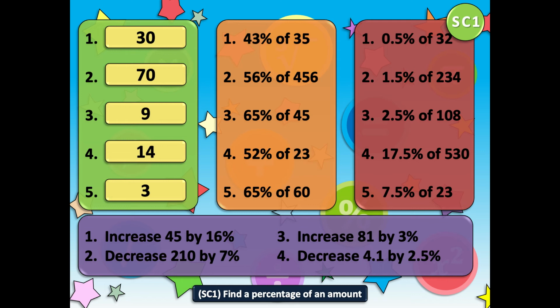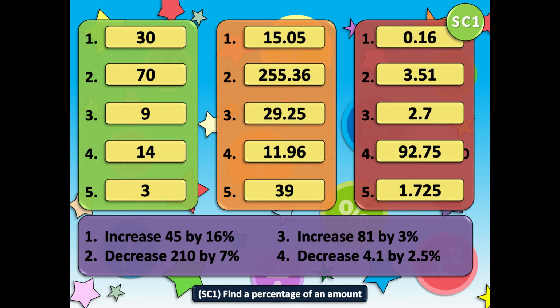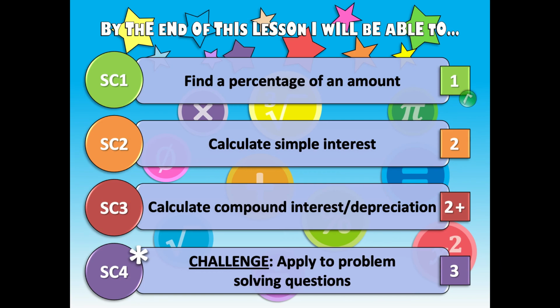There's your green answers. There's your amber answers. There's your red answers. And there's your purple answers. And now we've completed success criteria 1.